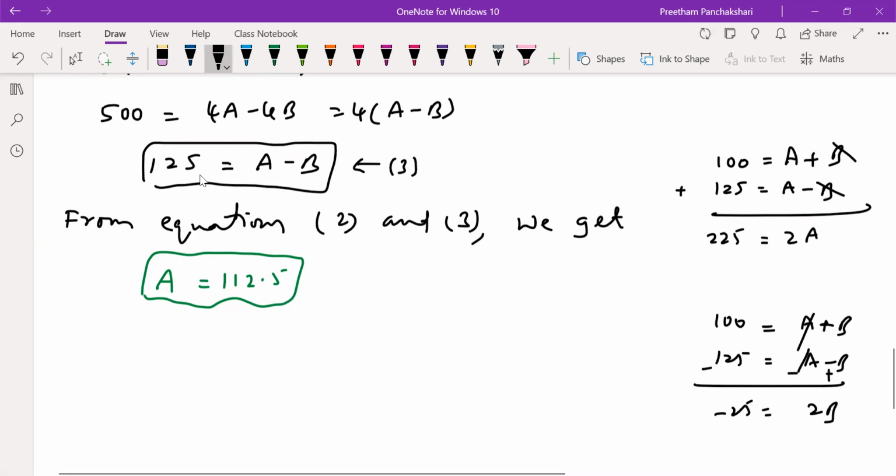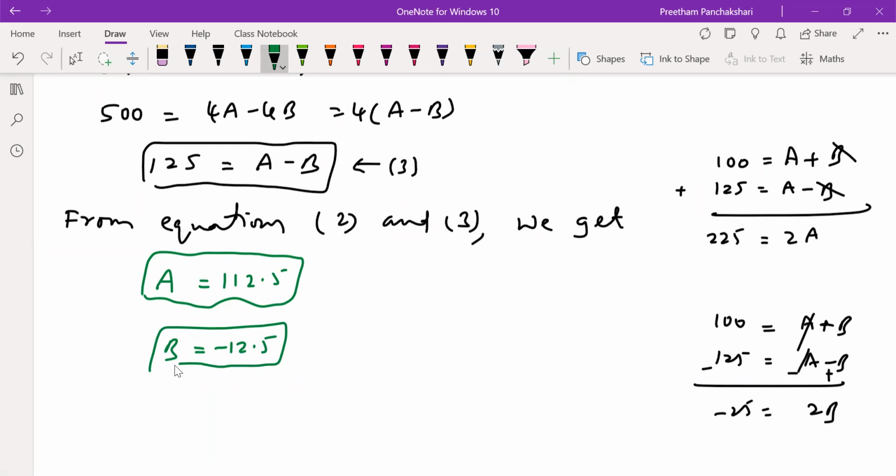So therefore, B equal to minus 12.5. So these are the values of A and B required for part B of the problem. So that's all about the problem. Thank you.